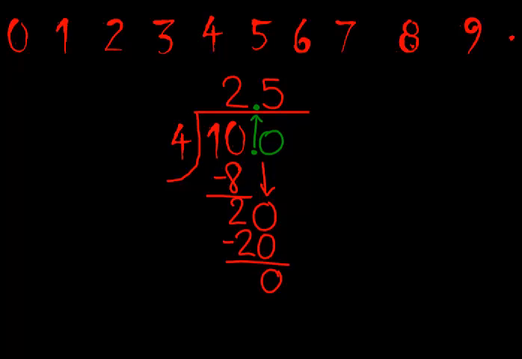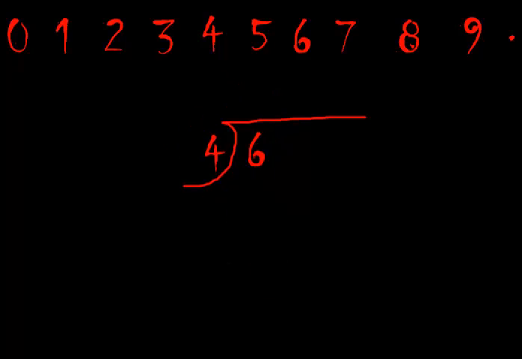So let's try another one. Let's see, 4 goes into 6 one time. So 1 times 4 is 4. I subtract that and I get 2. Have to keep going. So I need to put a decimal after the 6. This one I'm going to bring straight up so I don't forget it this time.